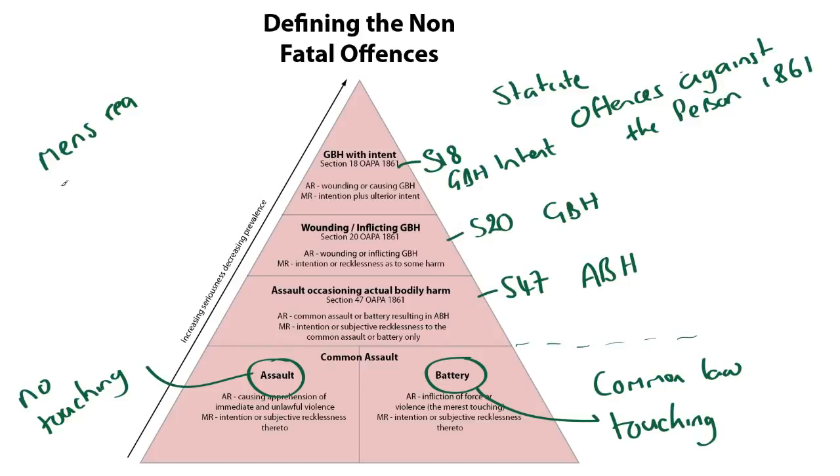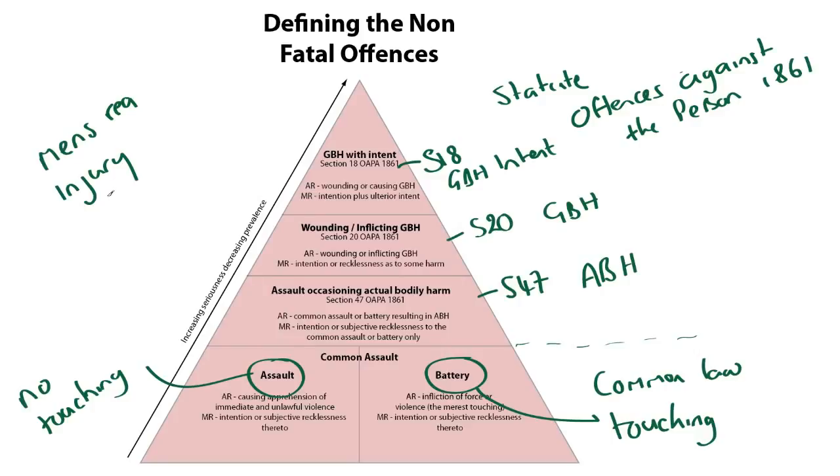The second is that our offences are defined by the level of injury. Here at the bottom, there is no injury at all because there's no touching. Here at the top, we have really serious injury. So we define each of our 5 offences by a mix of the mens rea and the injury concerned.